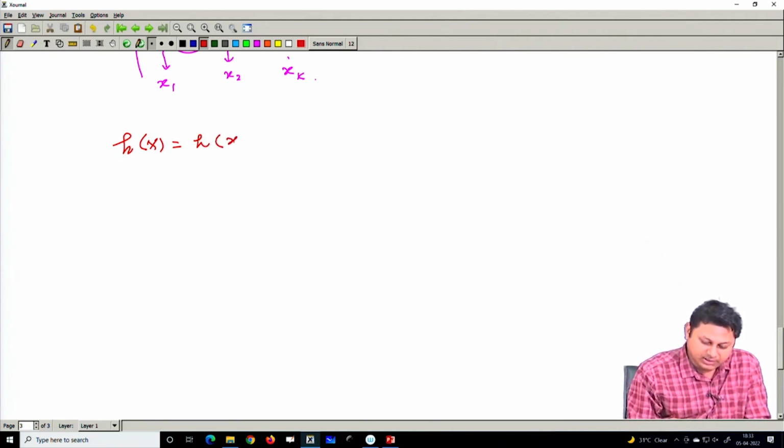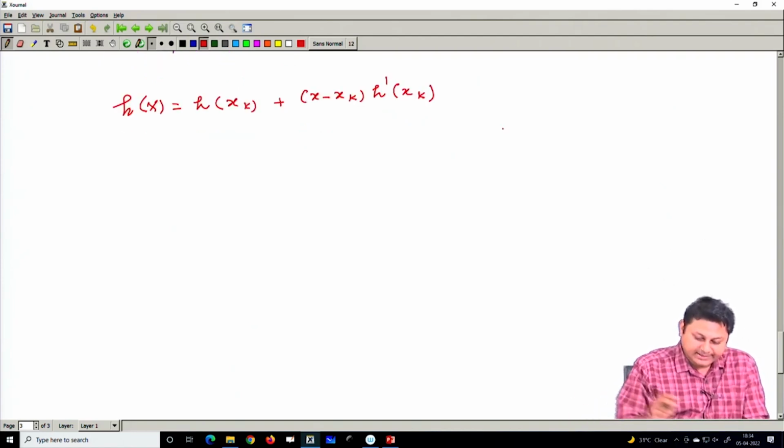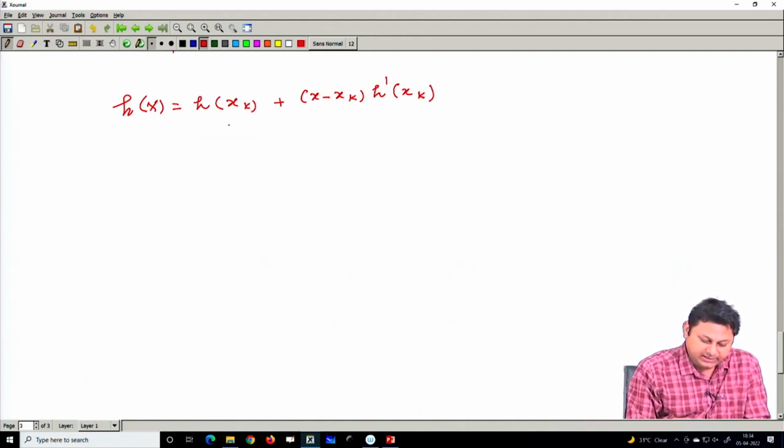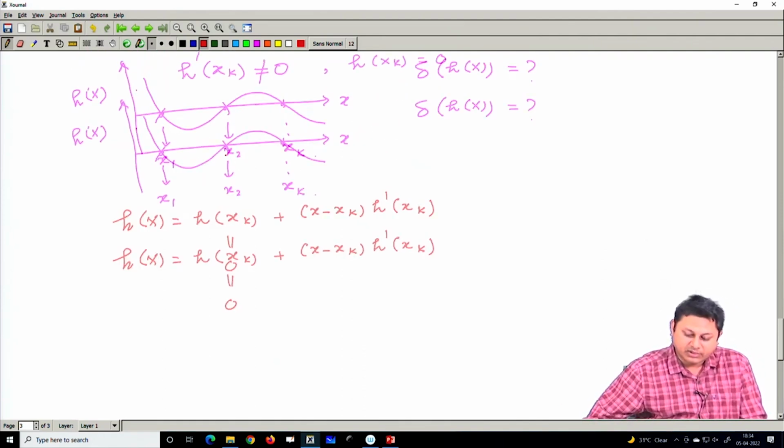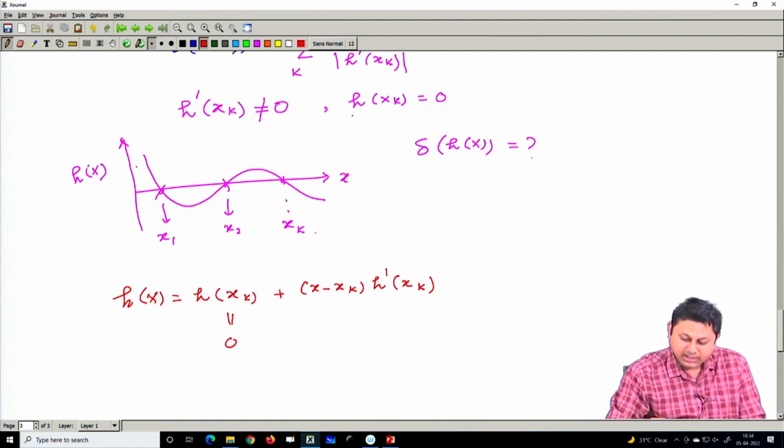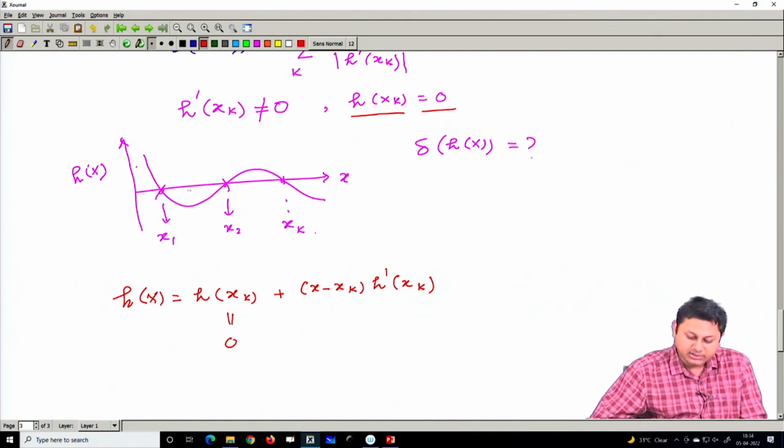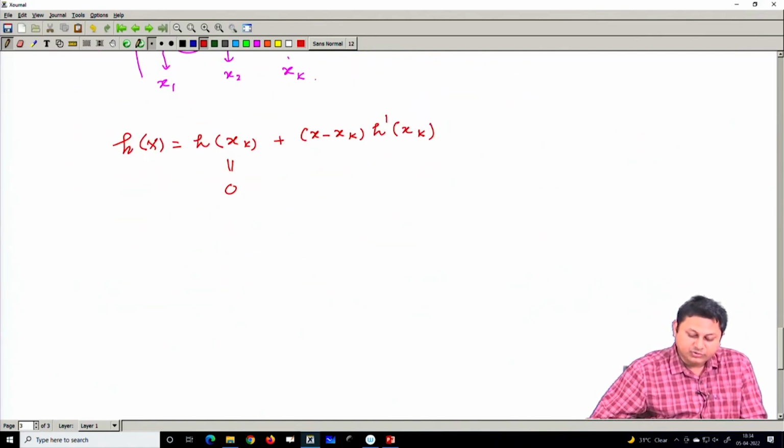So, it should be h of xk, and then we have x minus xk, then the derivative of this quantity at xk point and so on. If I take only up to the first order, now you look that this is a root. So, this quantity should be 0, because I already mentioned that xk is a root and I am expanding my Taylor series around this root point, and then this value should vanish.